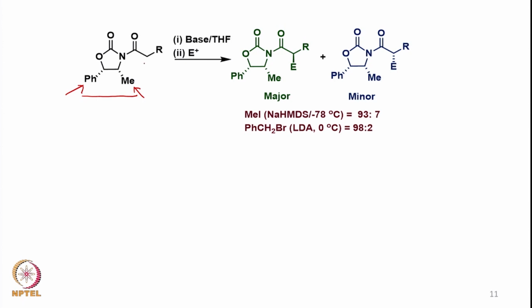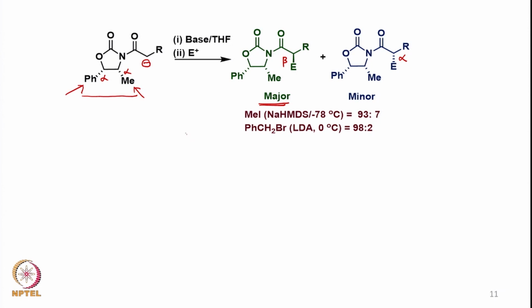Therefore, if we do the deprotonation here and react with an electrophile, the major product will form here like this, because these two are alpha oriented, therefore the electrophile comes from the beta side and this is the alpha side. As you can see here, under two different conditions the selectivity is 93:7, 98:2.